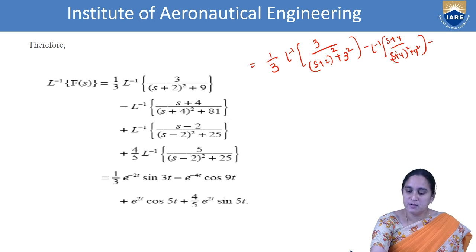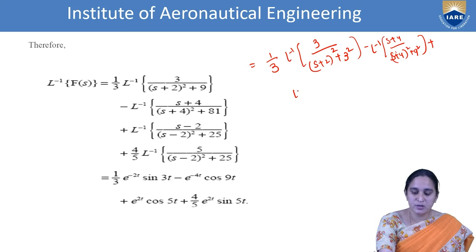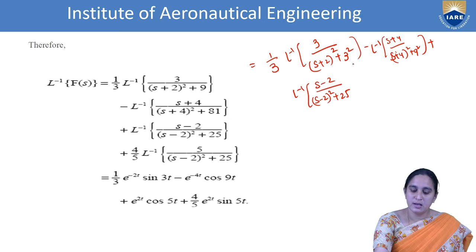Next continuation, plus Laplace inverse of s minus 2 by s minus 2 whole square plus 25, and here s minus 2, what I'm writing in the previous step for the third part, is the s minus 2 plus 4 form.